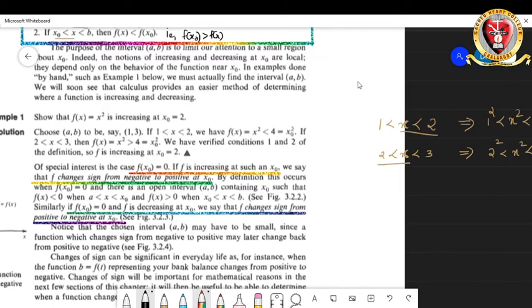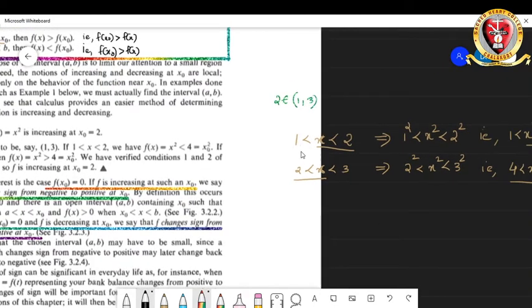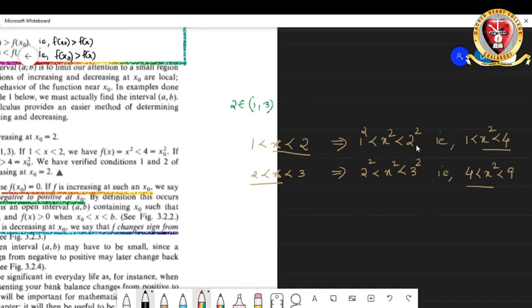So we are taking the open interval (1, 3) containing 2, and we are partitioning it into two parts. For the first part we take 1 < x < 2, that will imply 1² < x² < 2², that is, 1 < x² < 4.